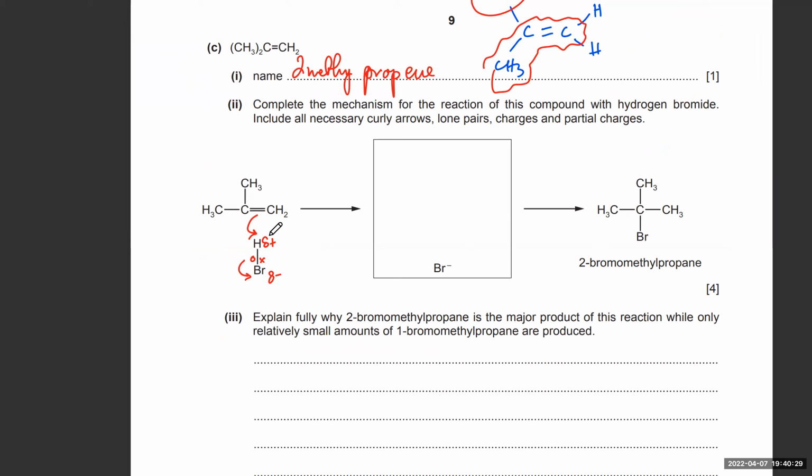The next step is that the positive H is going to attract the electrons from the double bond, and it's going to bond with one of the carbon atoms.